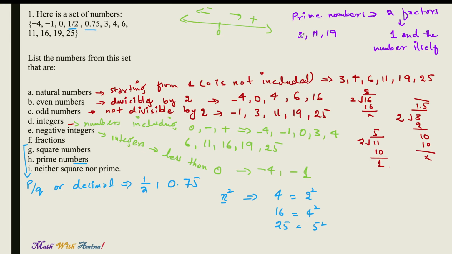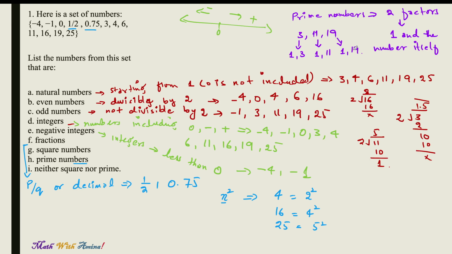The factors of 3 are 1 and 3. The factors of 11 are 1 and 11 itself. And the factors of 19 are 1 and 19 itself.